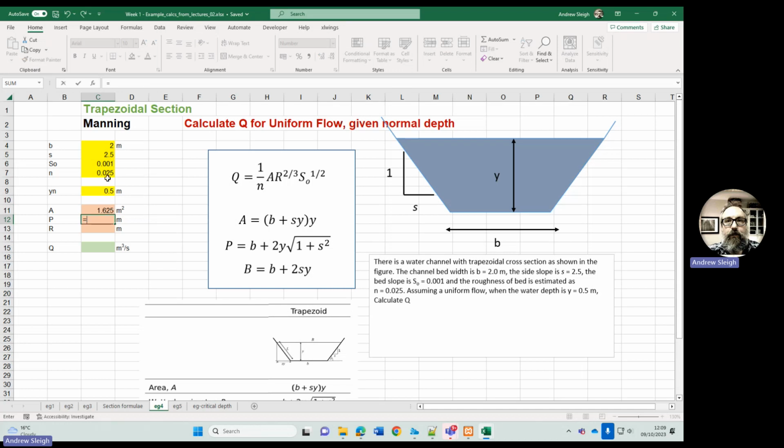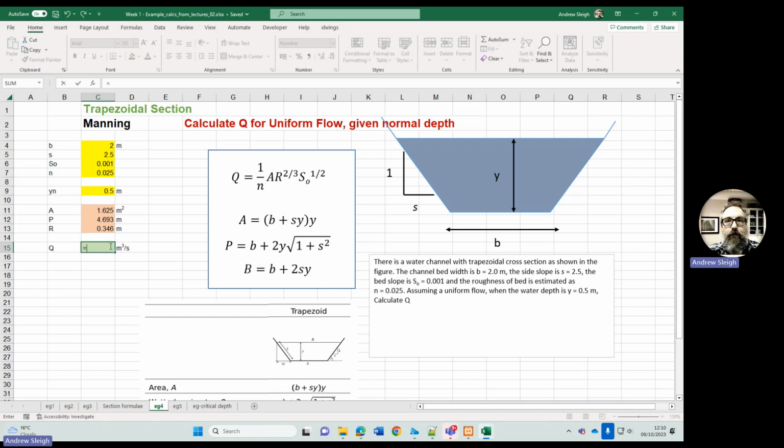P is the bottom width plus 2 times the depth times, and we'll use the square root formula, 1 plus side slope squared. Just do side slope times side slope. Yep. R, as always, is A over P.